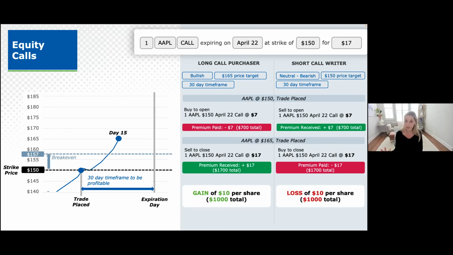This option is $17, so it's got $2 left of extrinsic value. That $5 that we had has already decayed, and we've got $2 left for it to decay. That's going to benefit the short call writer and hurt the long call purchaser, and that's important to know from this example.